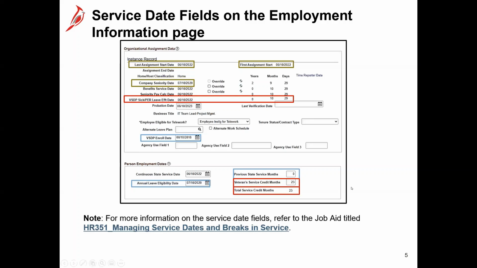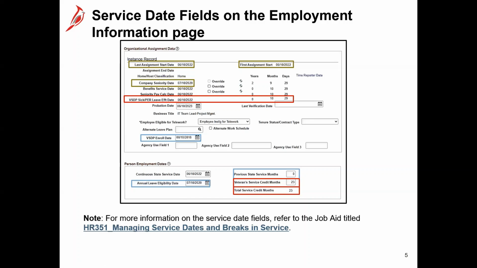Next field we're going to go over is the Veteran Service Credit Months field. This is one of the new fields that was created to distinguish the employee's prior state service months and the Veteran Service Credit Months for reporting and accurate VSDP leave allotment processing and absence management. The next new field that we have is our Total Service Credit Months field.